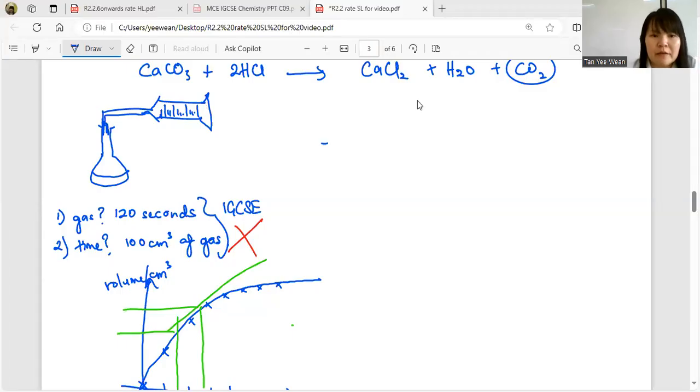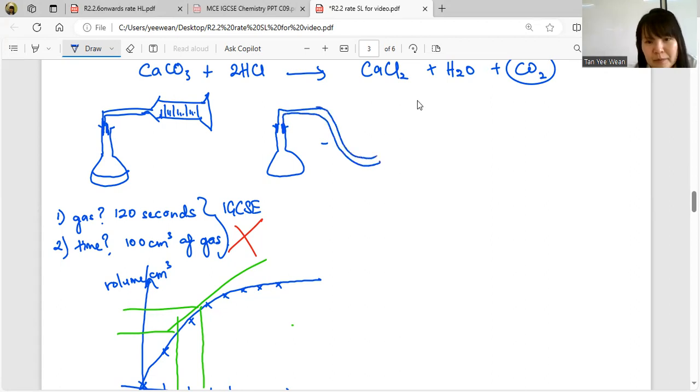Okay, alternatively, you can also do this with an inverted measuring cylinder, which you're also exposed to during IGCSE. So it's like a pipeline to an inverted measuring cylinder. I'm pretty sure you've seen this in your papers in IGCSE. Oh, my drawing's not nice.